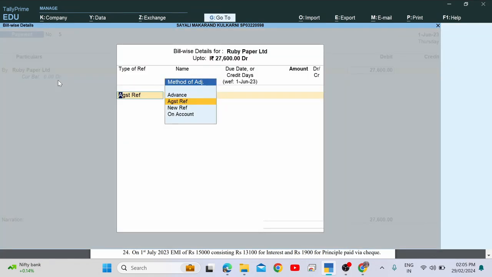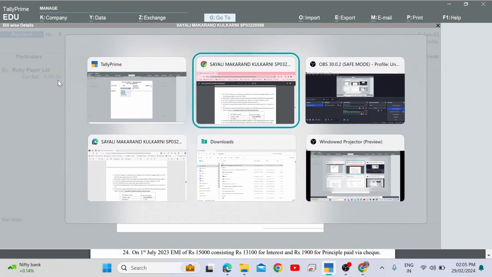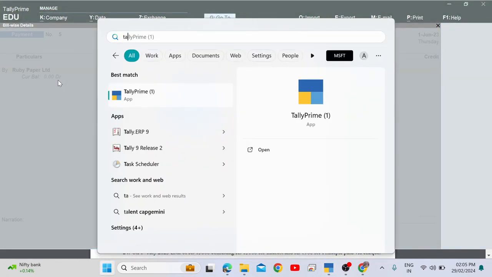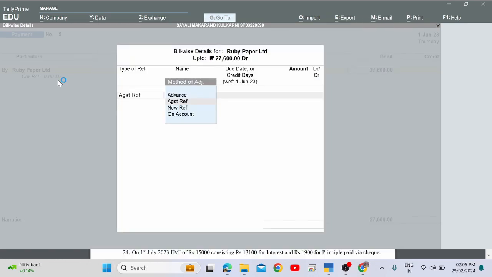27,600. Or otherwise, in another Tally, as I said, one more Tally for your reference. Another Tally. You can check Ruby Paper's ledger. Start the Tally, select the company. It will take half a minute. We require this for other types of vouchers also.